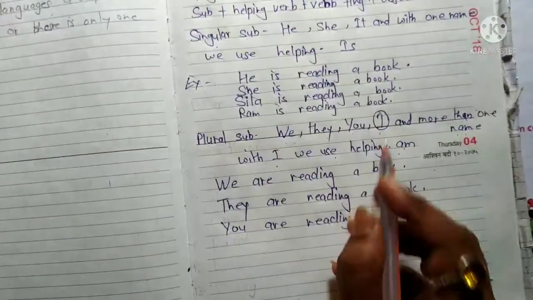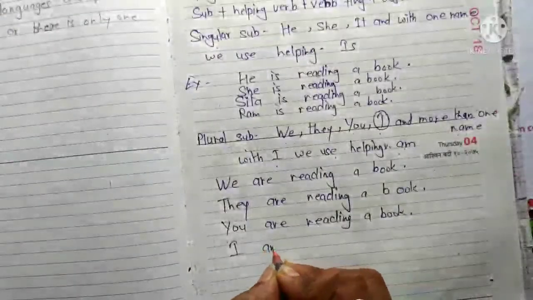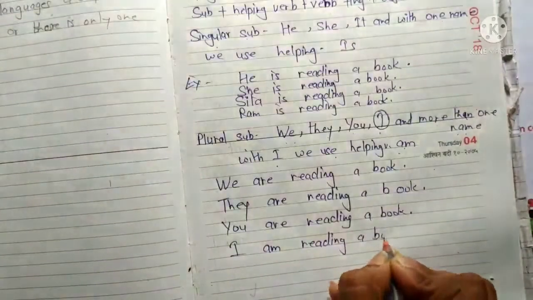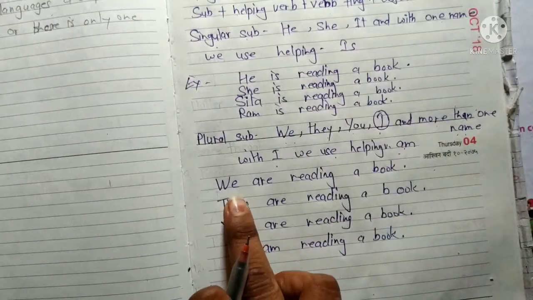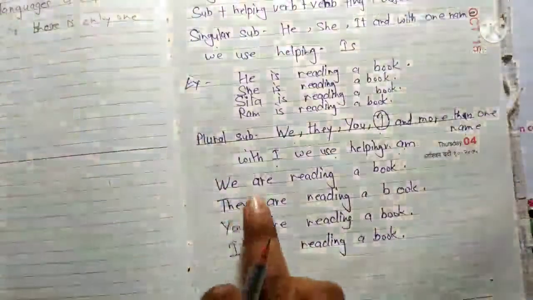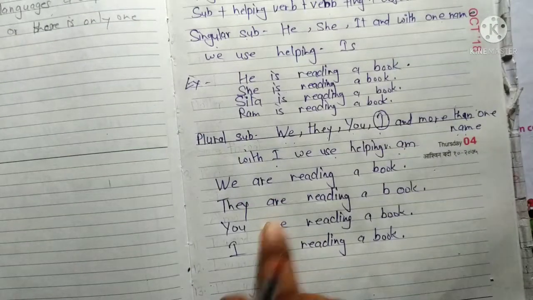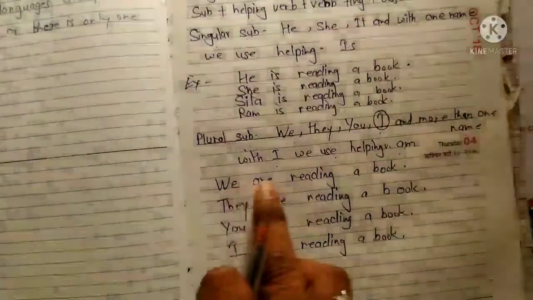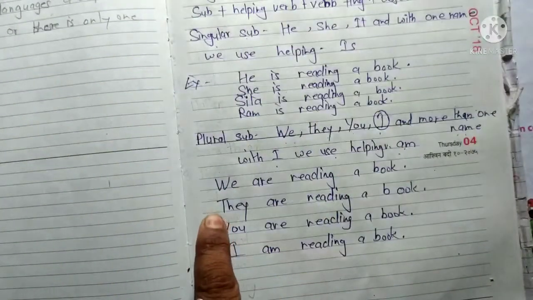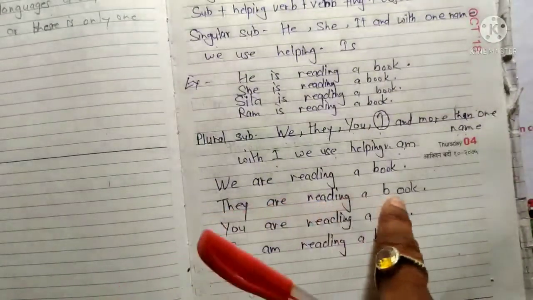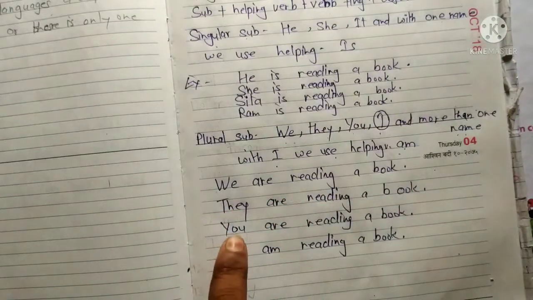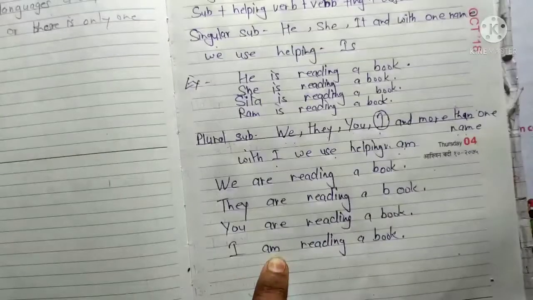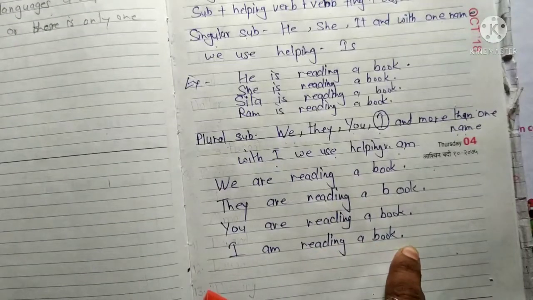When we talk about I, I am reading a book. Means with we, they, you, we use helping verb are. And with more than one name, like Supriya and Riya are reading a book. Harit and Manan are reading a book. You are reading a book. And with I, we use helping verb am. I am reading a book.